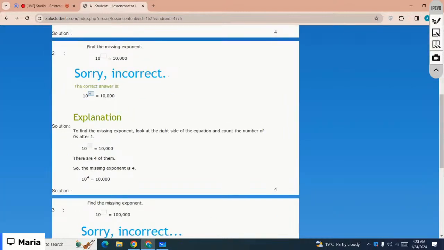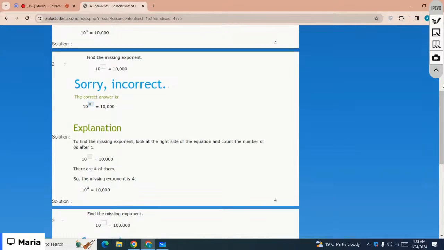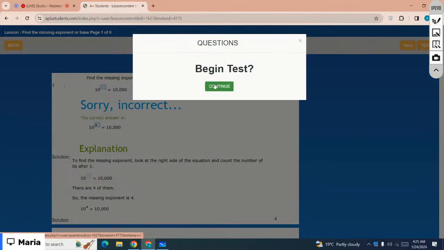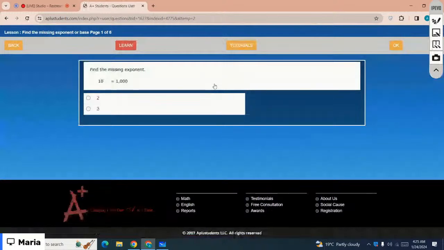Okay, let's just start with the test questions. Find the missing exponent. 1000 equals 10 exponent, which is the exponent of 10?